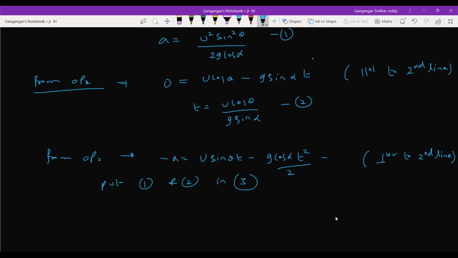So we have to solve this. Okay, let me substitute it. So this will be minus of sin square theta by 2g cos alpha equal to U sin theta.